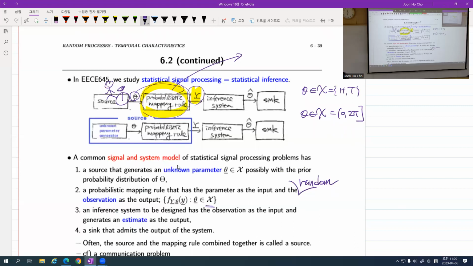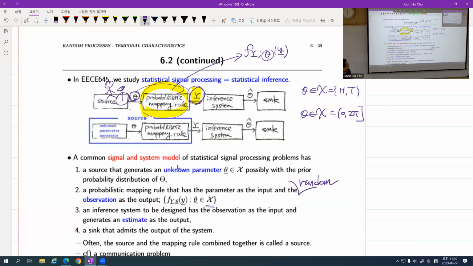See that? Given theta, the y has a different density in general. So you have to parameterize the density of y by theta. If you change theta, you have different distributions.